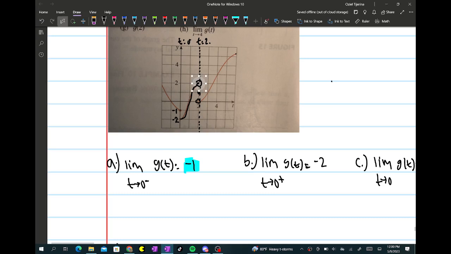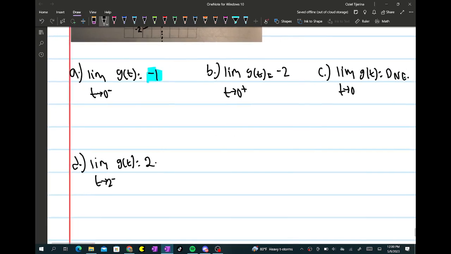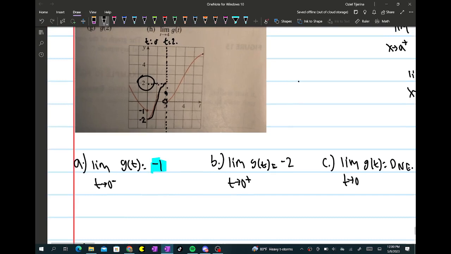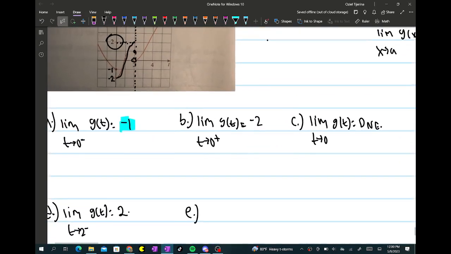So we can clearly say that as t approaches 2 from the left, it approaches a value of 2 here. And I don't really like this problem because I can see how students can get it confused, because they both have 2's, and that's not a good problem.